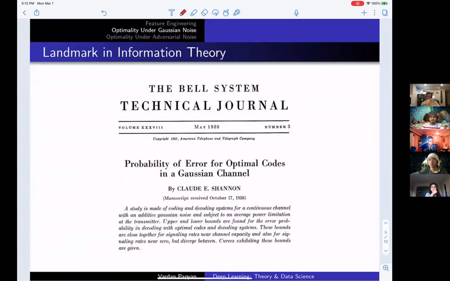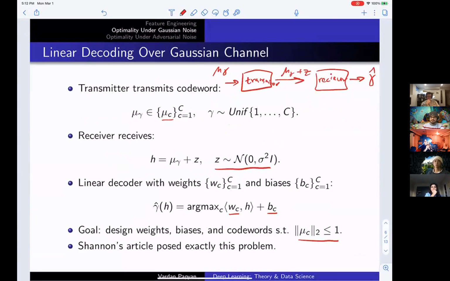So in order to explain one point of view, I'm explaining how a person with an information theory background would look at this problem. This problem assumes that you have a certain transmitter that is transmitting signals over a Gaussian channel and a decoder that's trying to understand what is the signal that is being transmitted.